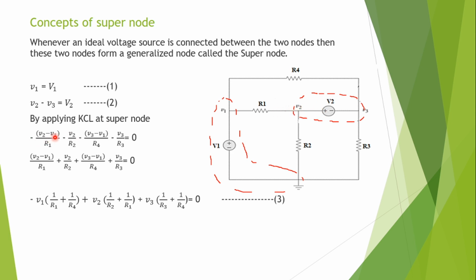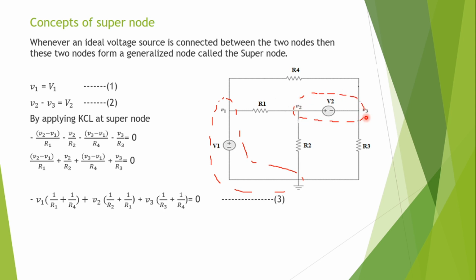So minus V2 minus V1 by R1, minus V2 by R2, because this is the higher potential I am assuming. Outgoing current V2 minus 0 by R2. V3 minus V1 by R4, outgoing current once again, minus V3 by R3, equals 0, because no source current is connected to this supernode.